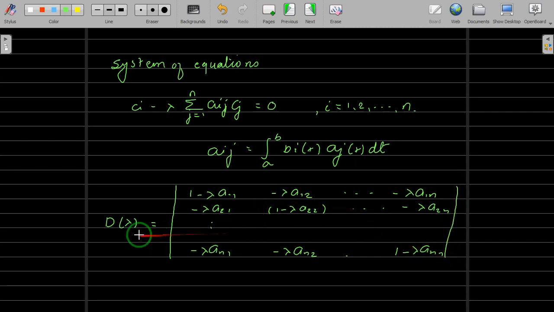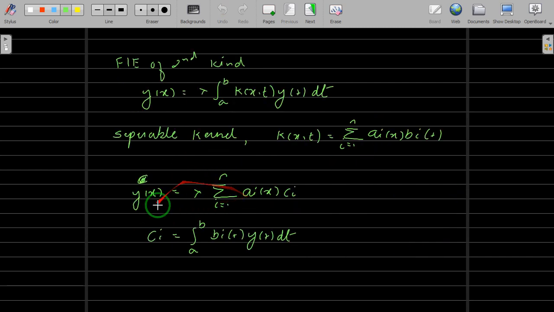Then we noticed that if lambda is equal to 0, then D(lambda) is nothing but 1, and actually it's a polynomial in lambda of degree at most n. And if D(lambda) is not equal to 0, the system will have only the trivial solution, that is the zero solution. And if all c_i's are 0, then your solution y of x is 0, that is your trivial solution.